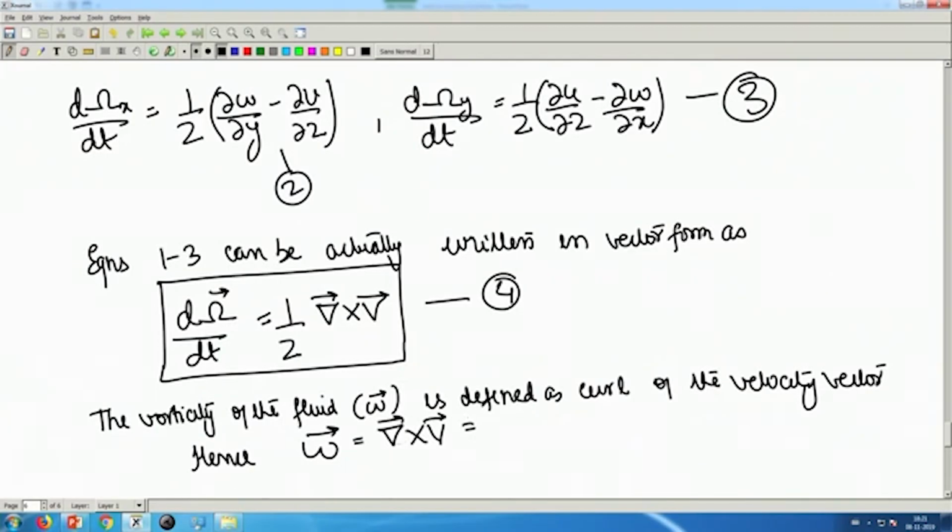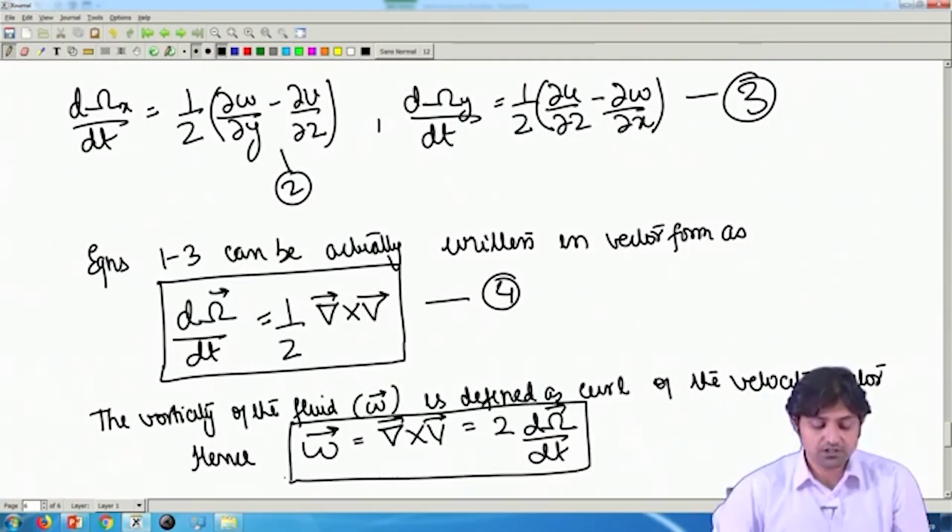So if you see, our angle of rotation here is half of the vorticity. It is actually half del cross V, and vorticity is actually twice of that, right. So, this is another important result, which we have proved: vorticity is twice the rate of rotation, which we already derived and found to be half of the curl of the velocity vector.